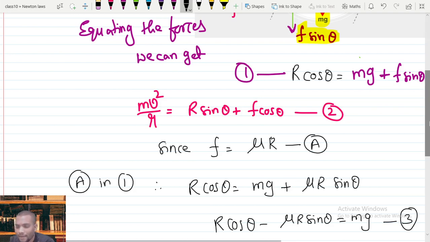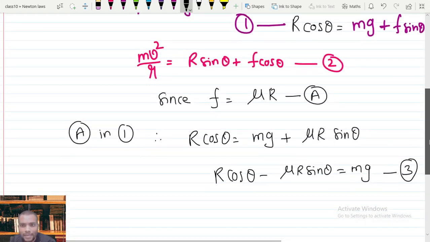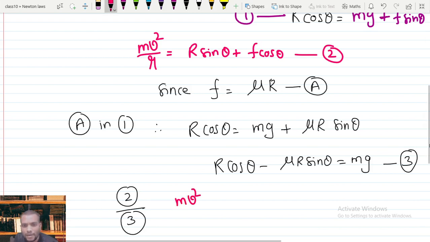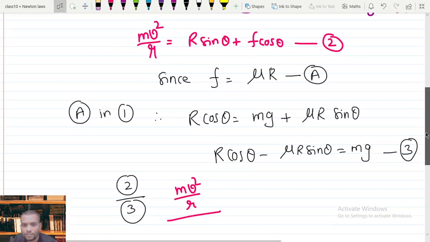Now let's divide 2 by 3. If you divide 2 by 3, the second equation is mv square by r upon mg, the third equation here being mg.